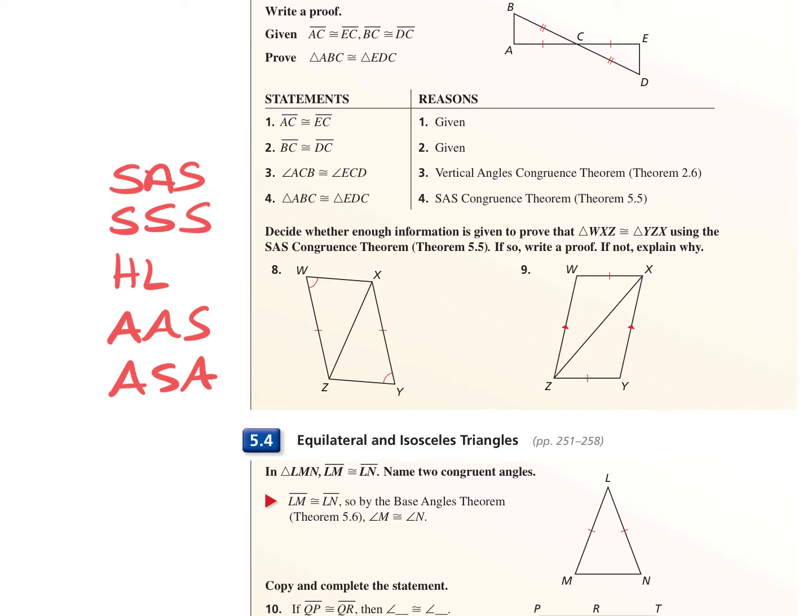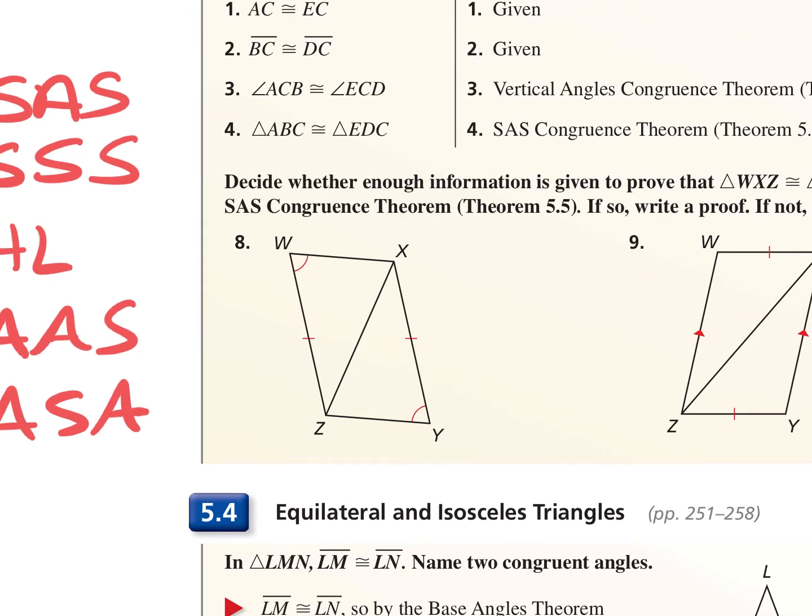All right, so for number 8, it wants to know, is there enough information and they're actually telling us which one we should try to use. And notice I've been given two pieces of information. The only other thing I can come up with on my own is this side that the two triangles share, this reflexive side.